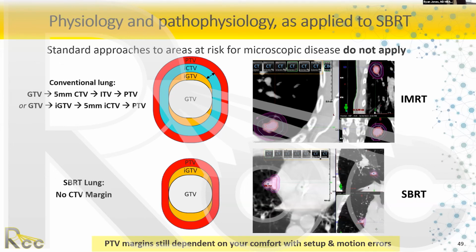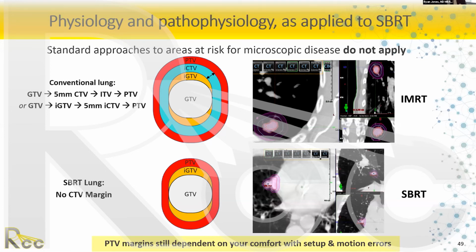Now, one of the stories Timmerman would tell us about this was when he was first doing this, and he chose not to add on a CTV margin. His main focus was not hurting people as he sought to understand what the body could tolerate on these. He acknowledged, they understood at that time, likely there were cells in this margin around the target, but he really didn't want to hurt patients.